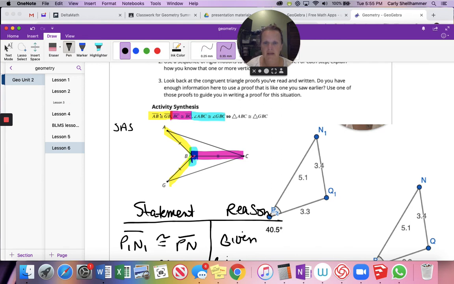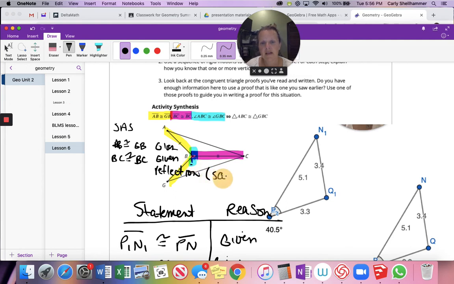So I would do that the same way. I would write AB is congruent to GB because it's given. Then I would write BC is congruent to BC, and you can write given there because it is. Another reason we use for that is reflection, because it's a reflection.